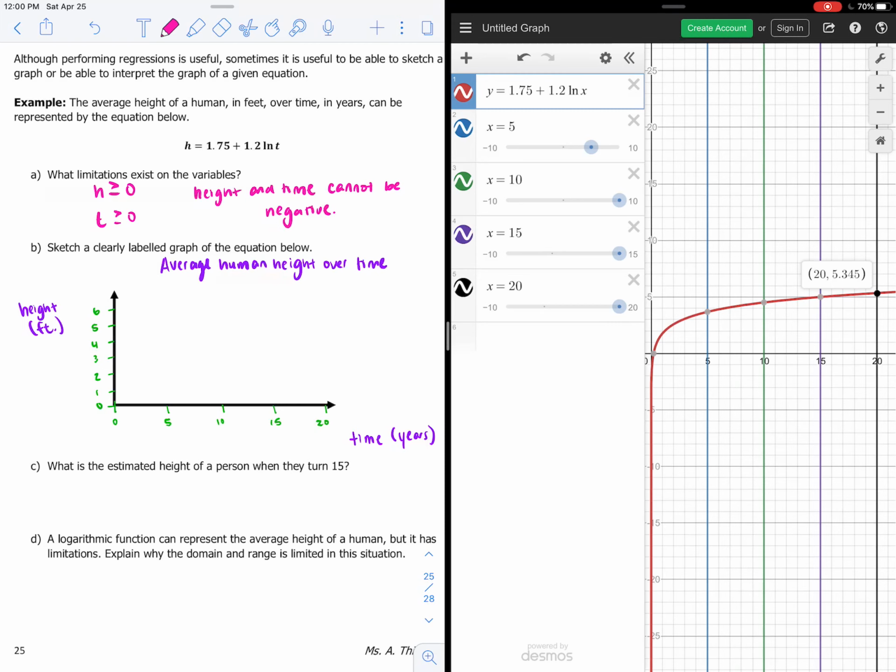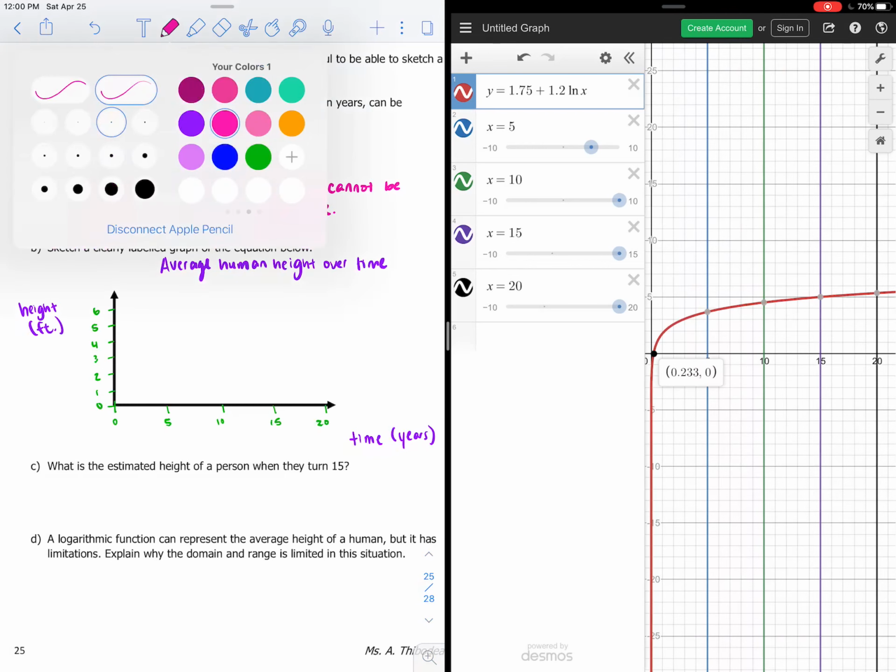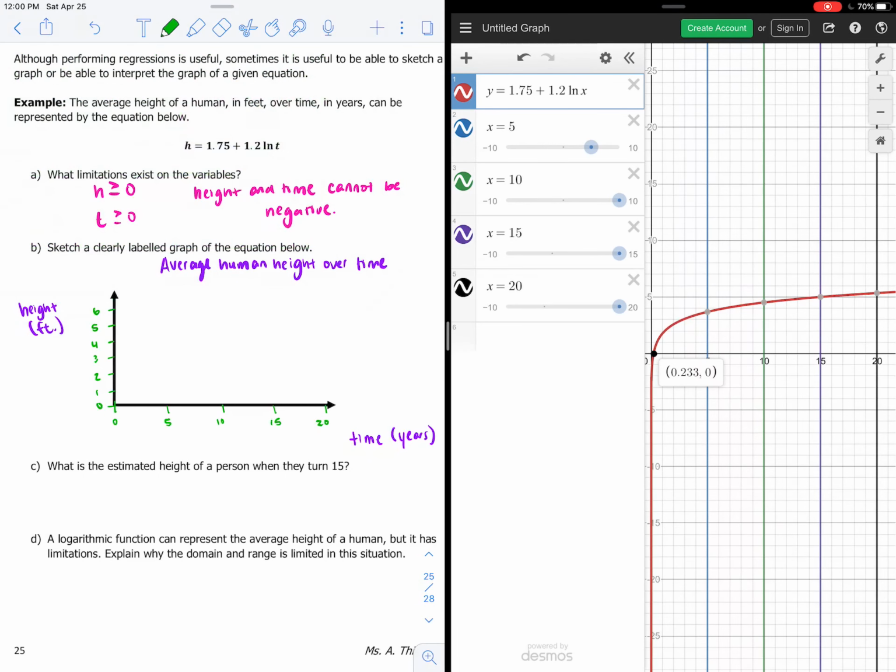Now, I'm going to go ahead and plot these points that I have. So my x-intercept is 0.233. So I'm going to go ahead and plot that. What might help, especially if you have those decimals, is at least for the first guy, kind of draw in your ticks so that you have a better idea of where that's located.